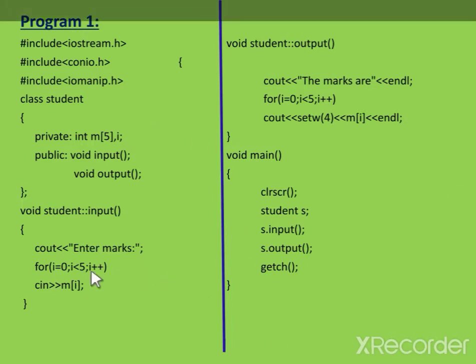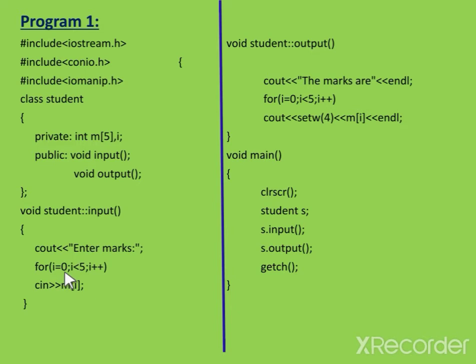So here in this looping statement, i is equal to 0, that is initialization.